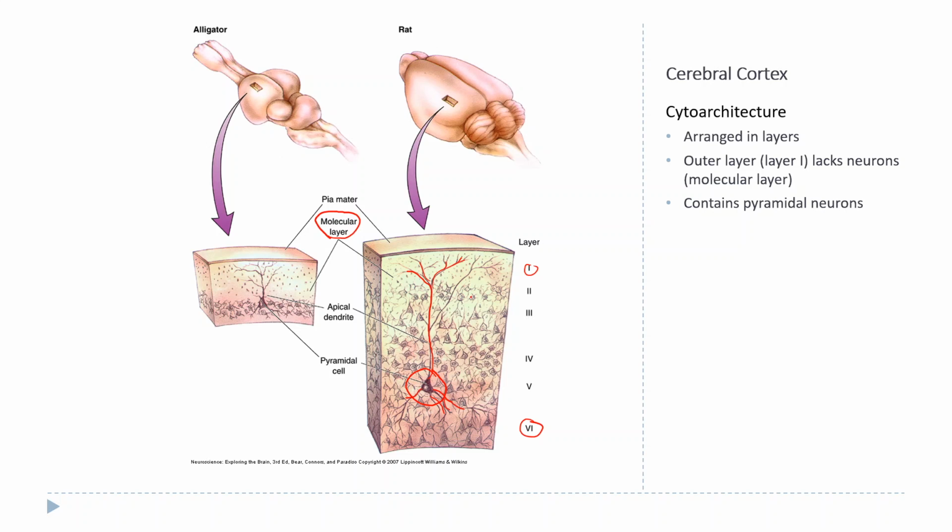So neurons from other regions of cortex or other layers may connect with these apical dendrites out here in this molecular layer. Those pyramidal neurons are unique to the cerebral cortex. They're not found in any other part of the brain.